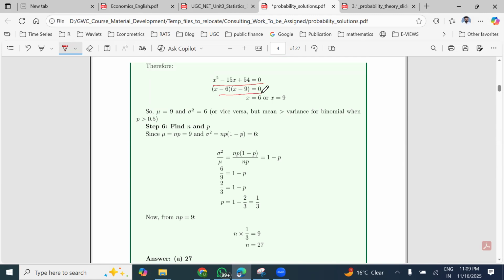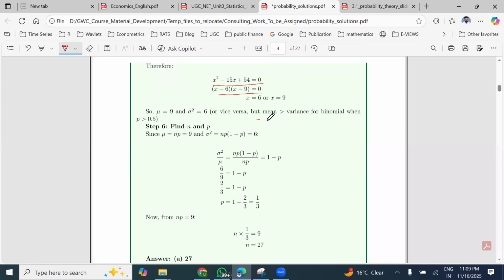We do the factorization: x minus 6 into x minus 9 is equal to 0, so x is equal to 6 or x is equal to 9. So mu is equal to 9 and variance is equal to 6, or vice versa.